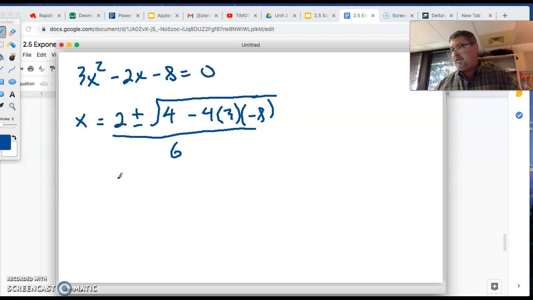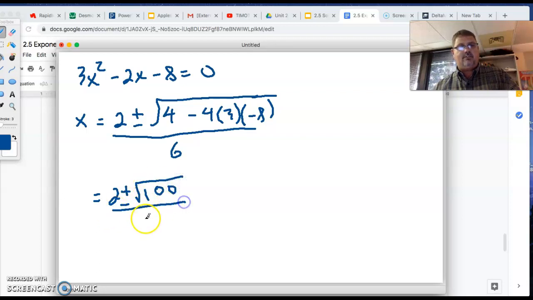I get 2 plus or minus, this is going to become a 12 times 8, so it's 96 plus 4, which is 100. Square root of 100 over 6, which is 2 plus or minus 10 over 6. Oops, that's a 6 down there.